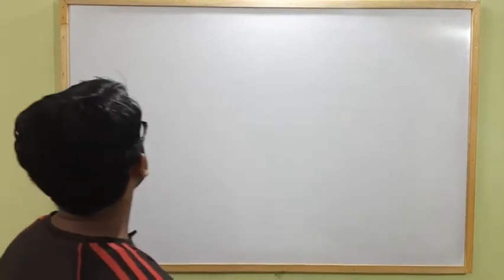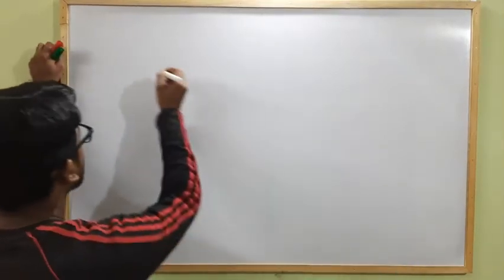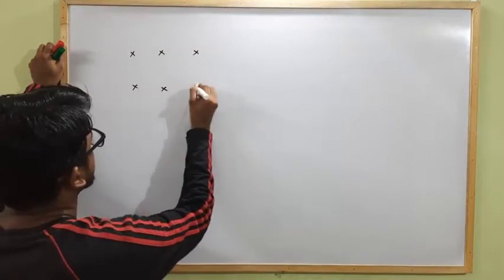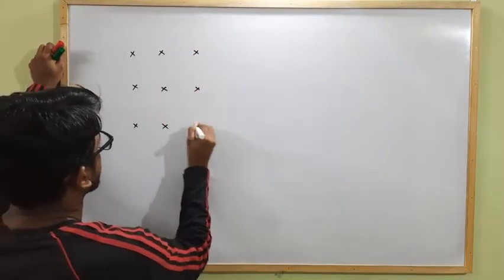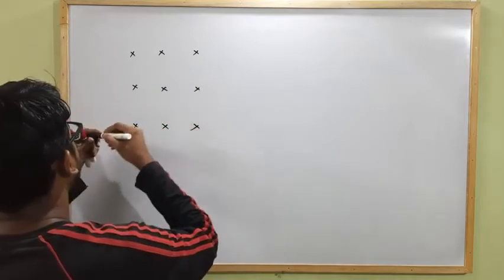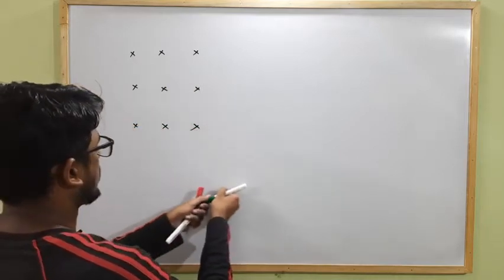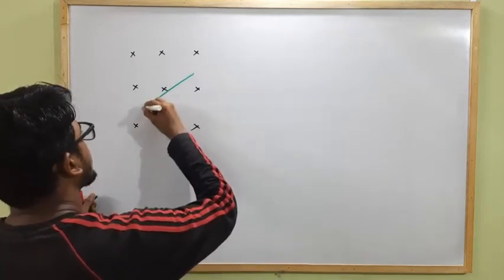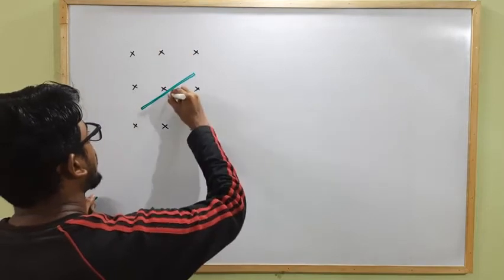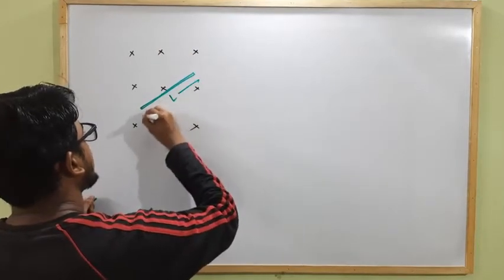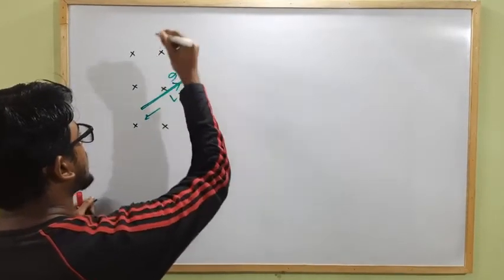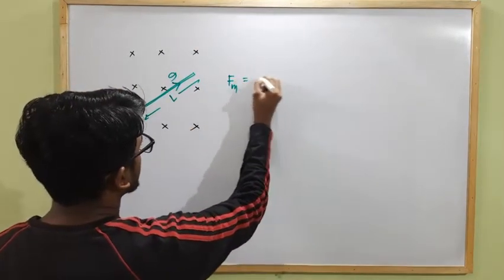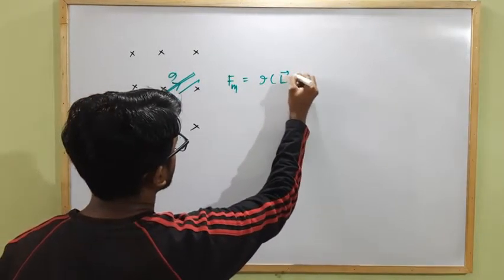In the last class we discussed that if there is an external magnetic field acting into the plane, and here is a current carrying conductor of length L in which current I is flowing in this direction, the magnetic force experienced by this conductor is given as I into L cross B.